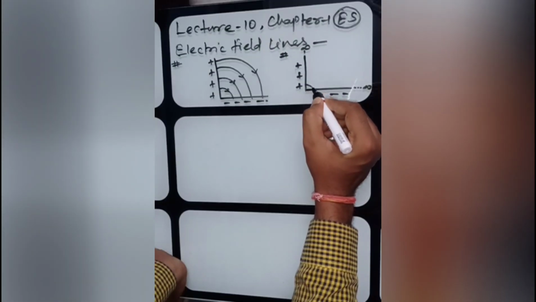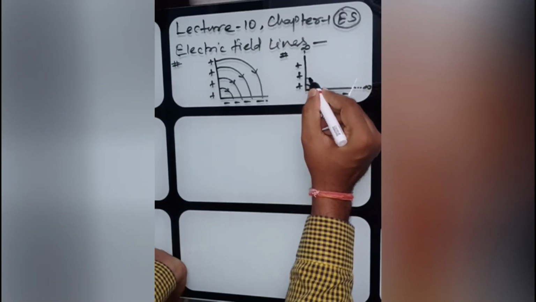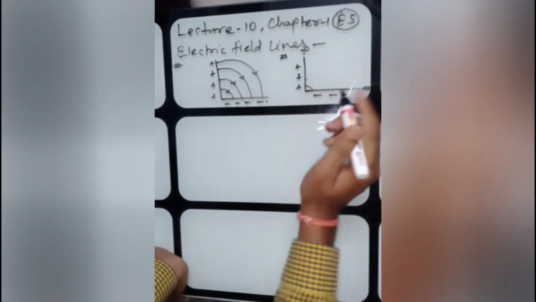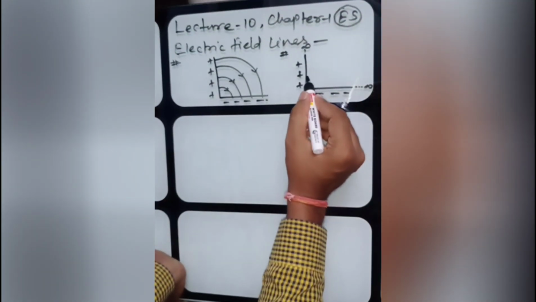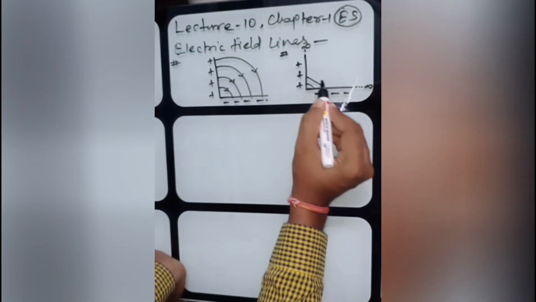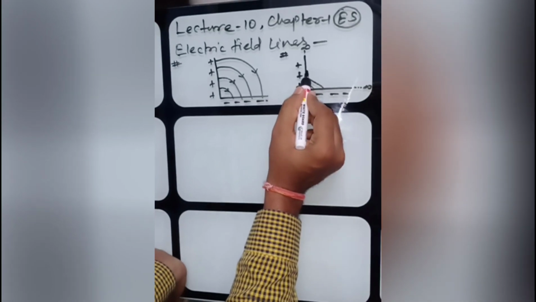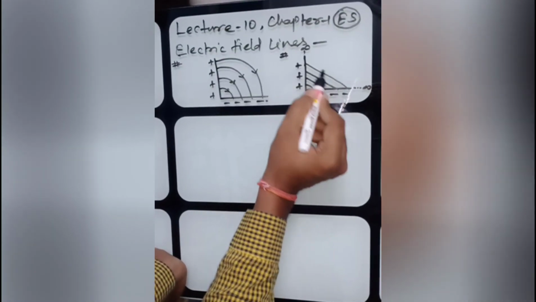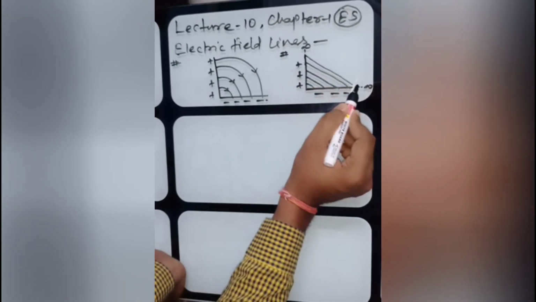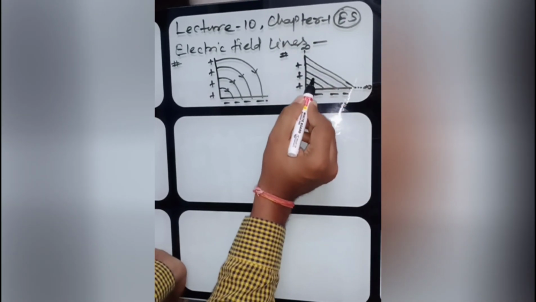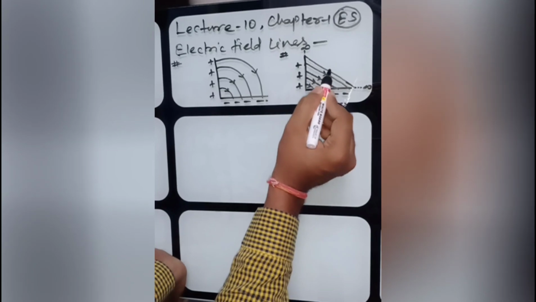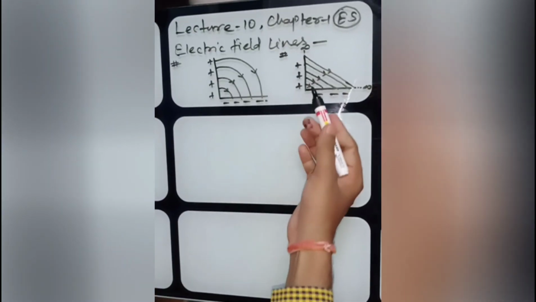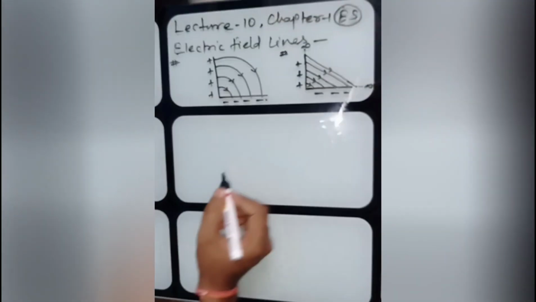Here, a little bit of curve. Curve will be lesser, almost straight. Curve will be lesser still, almost straight. As we move, it will be straight and straight and straight. So this will be the shape of the electric field lines for such a type of system.